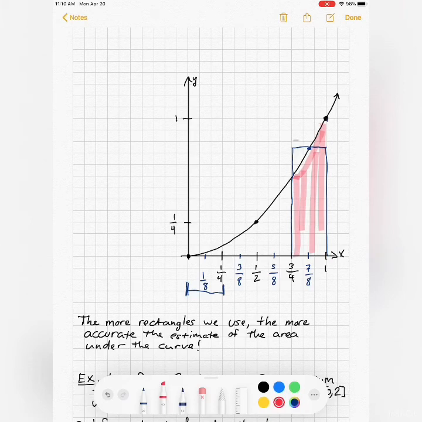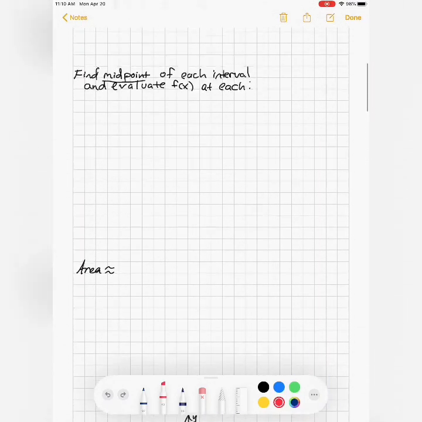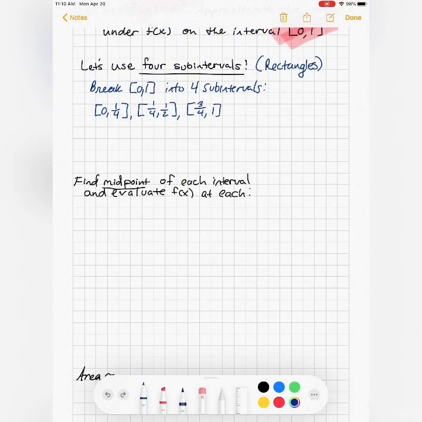Here I'd have an overestimate, but an underestimate here. So that looks like it would be a more accurate estimate of the area for this function than using the right or left endpoints. Okay, so find the midpoint of each interval.